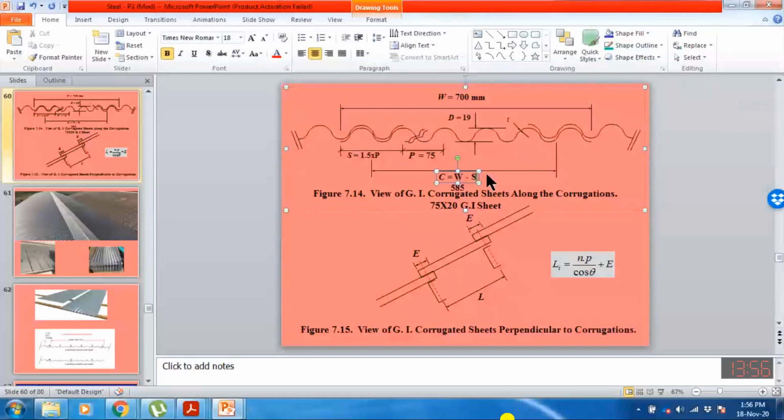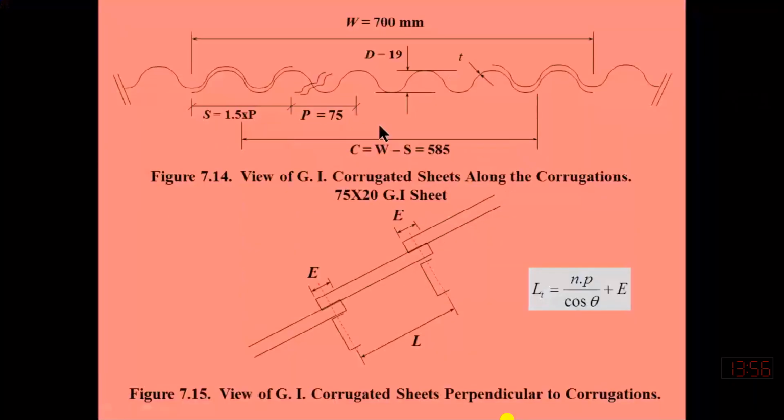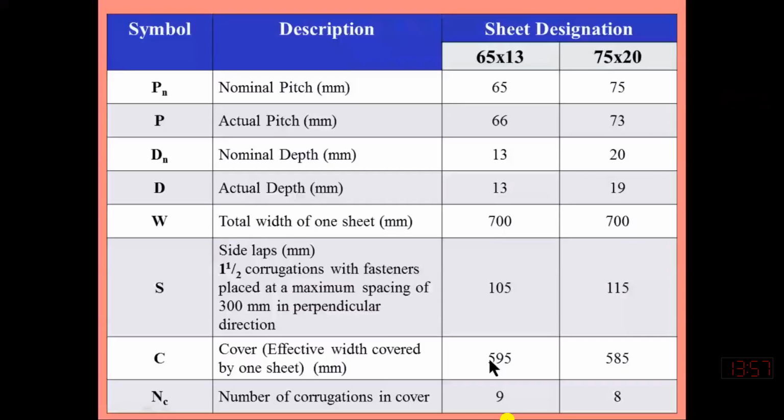This means that a sheet of 700 millimeter is only covering the space of 585, and 585 means 700 minus 115. Let's see from here, 700 minus 105 is 595, and for this 700 minus 115, because S is the side lap.